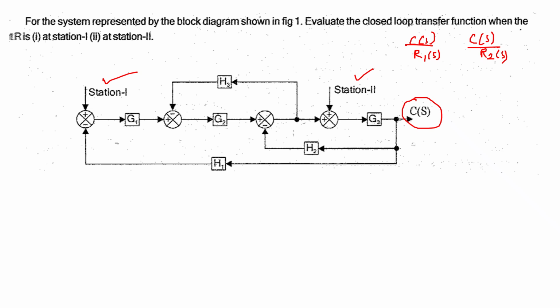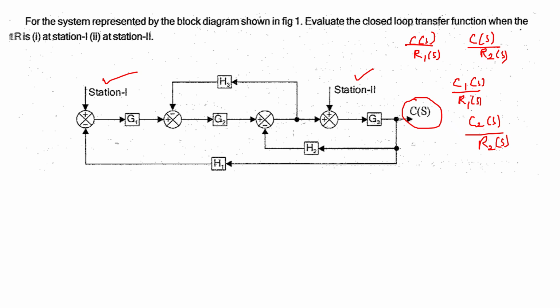If we consider R1 as the first input and the corresponding output is C1, then I can write C1 of S divided by R1 of S, or C2 of S divided by R2 of S. Depending upon our assumptions, we can find the transfer function by using the block diagram reduction technique. So out of these two cases, let us consider station 1 first as case 1, and in case 2 we will consider station 2.